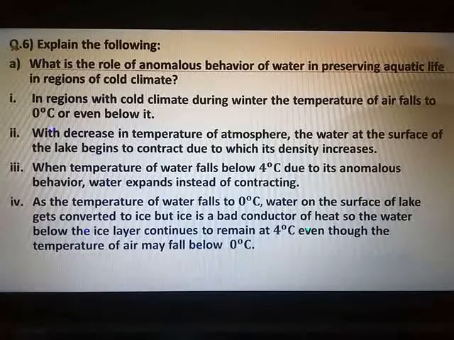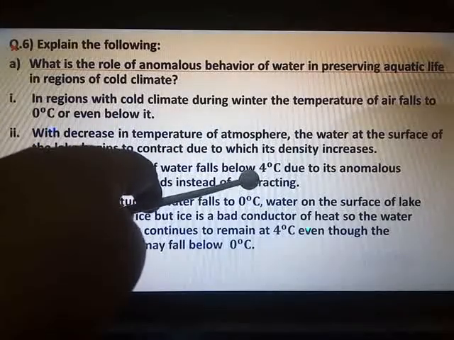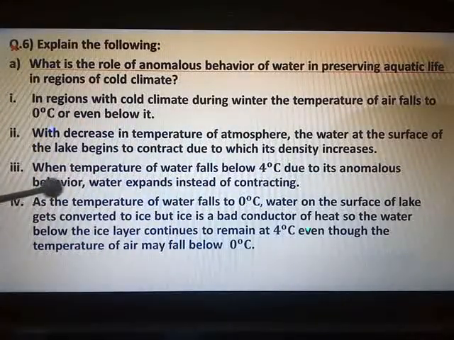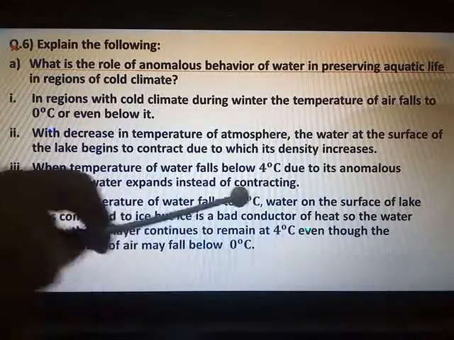There you know about the exceptional behavior of water, that from 0 degree to 4 degree it contracts instead of expanding. That concept you are going to apply here, that when the temperature of water falls below 4 degree, due to its anomalous behavior, water expands instead of contracting.